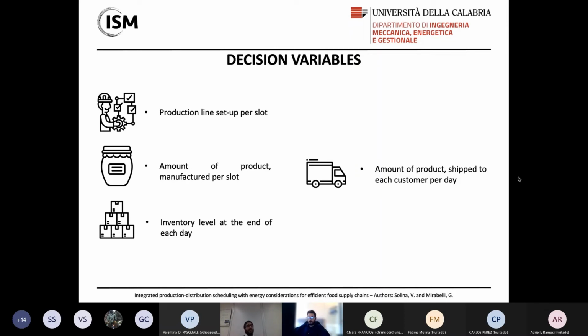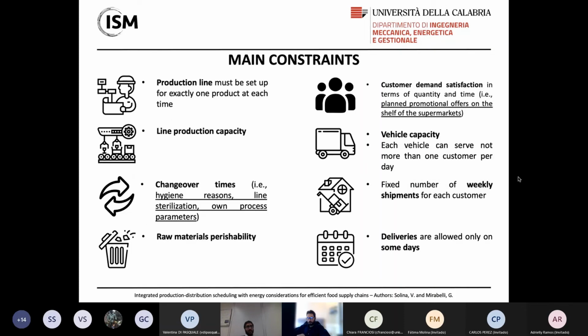We have to decide how many units of each product to produce per each slot. We have to decide the inventory level at the beginning and at the end of each day, and the amount of product shipped by each vehicle to each customer each day.